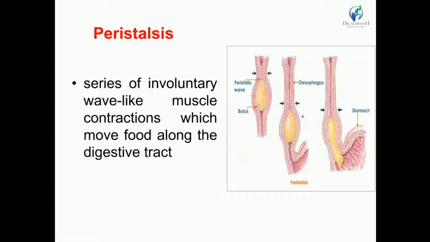Once that bolus is present inside the esophagus, it will have a specific segment involved. Along with that segment, the esophagus undergoes contraction and relaxation, and these involuntary movements move the food from one segment to another.